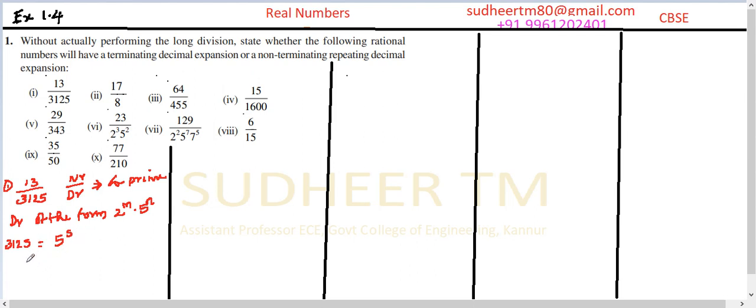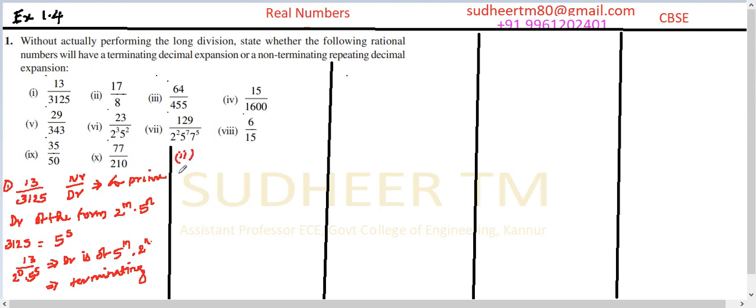Then the number will be 13 divided by 2 raised to 0 into 5 raised to 5. So the denominator is of the form 2 raised to m into 5 raised to n, which gives terminating. Our first answer is terminating expansion.